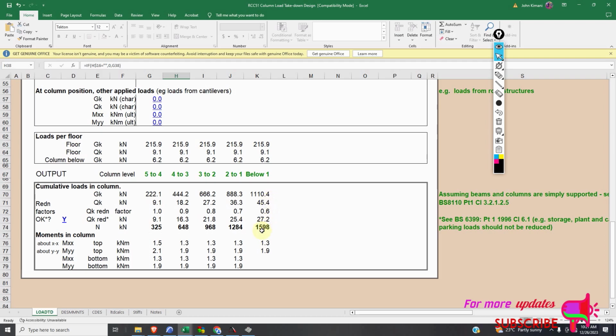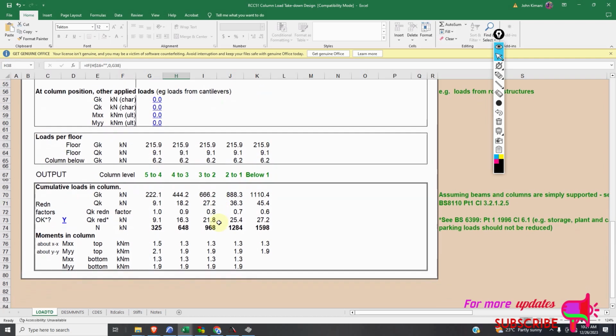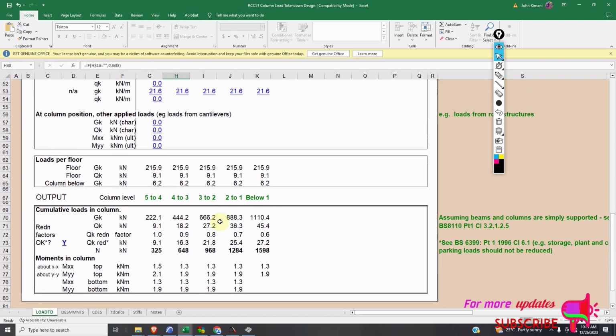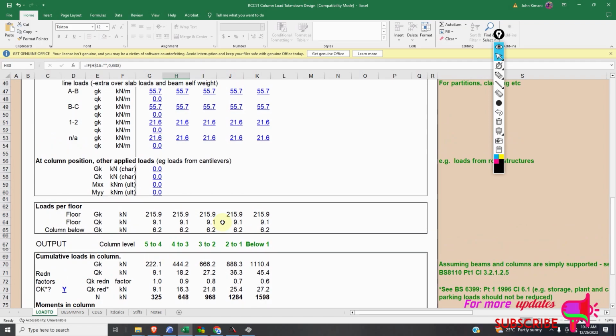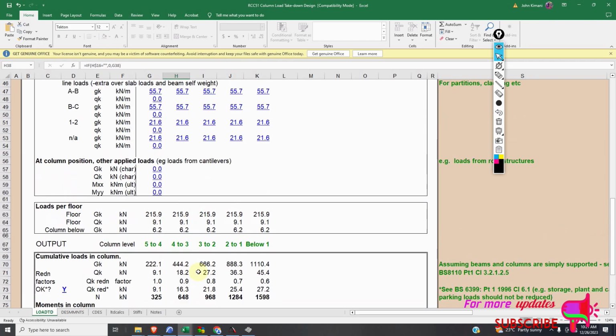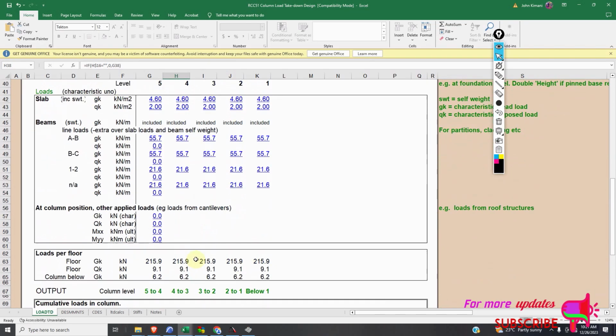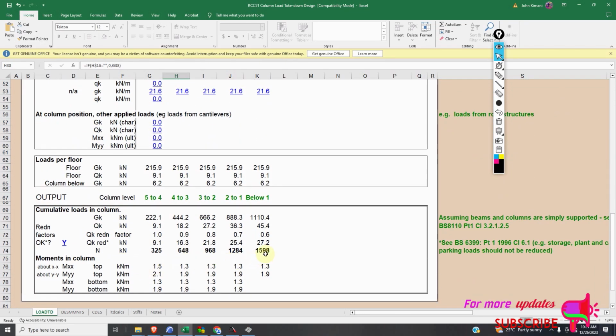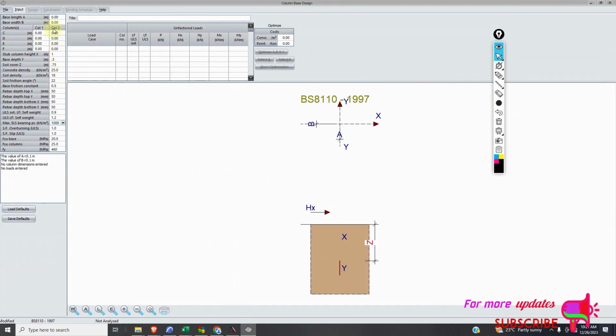Now this one is total. Okay, so this is the dead load, then live load. And we have these moments, they are very minimum, but I'm just including. So let's put ABDs, maybe 2,000, maybe 2,000.